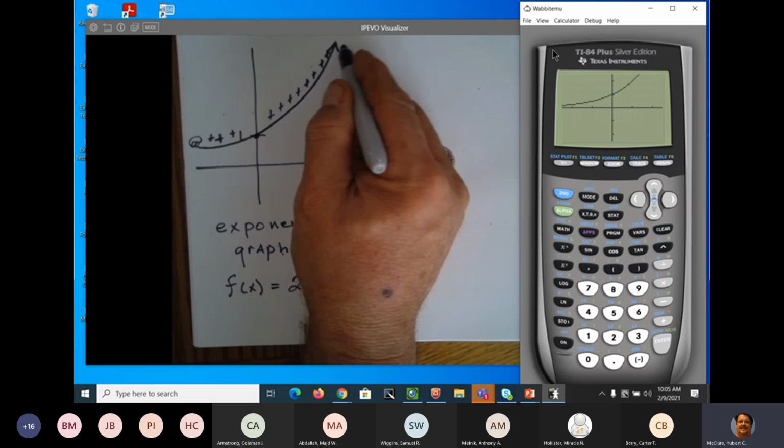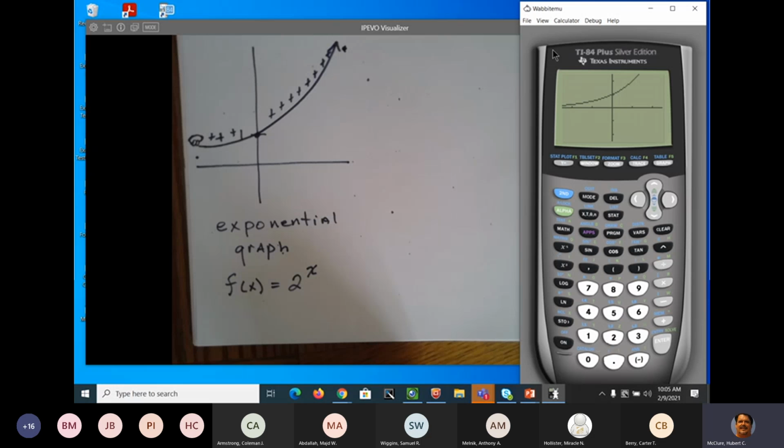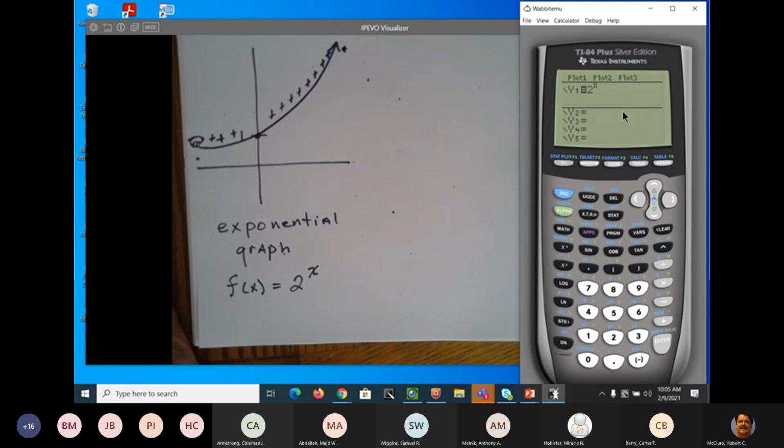Now, with a logarithm, we'll go ahead and put that in there. And go down here, log of x. And remember, x is your basic model. So that's why it goes in the parent graphs.